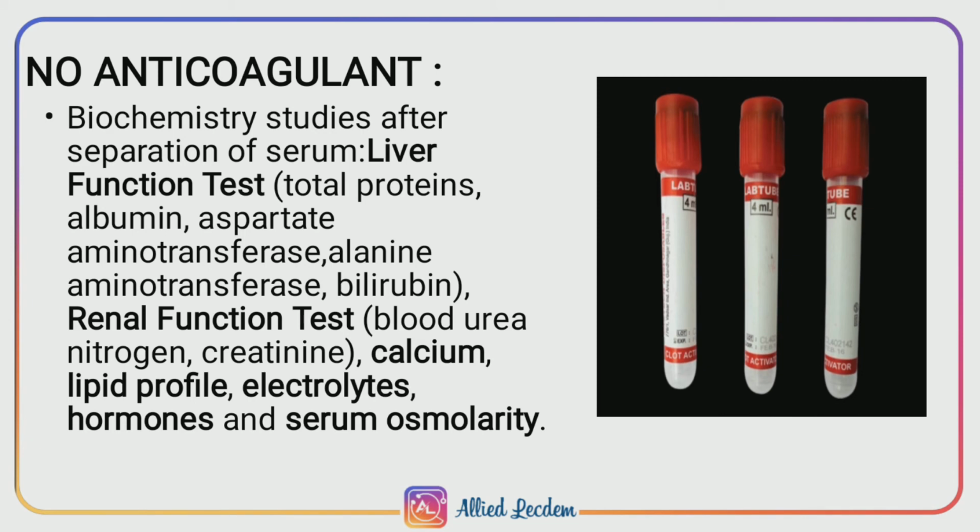It is most commonly used for biochemistry studies, liver function test, which includes total proteins, albumin, aspartate aminotransferase, alanine aminotransferase and bilirubin, renal function test that includes blood urea nitrogen and creatinine, and also calcium, lipid profile, electrolytes, hormone test and serum osmolarity. These tests are mostly done without any addition of anticoagulant.